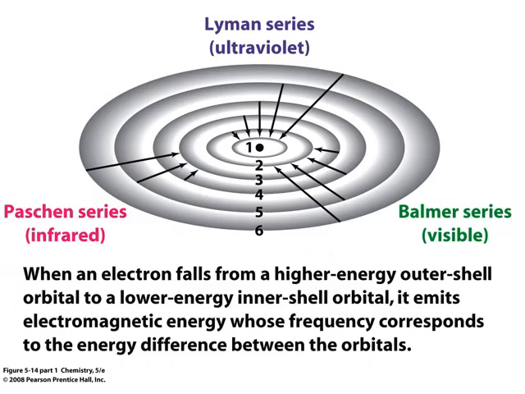All right, so how are visible light, infrared light, and ultraviolet light produced?